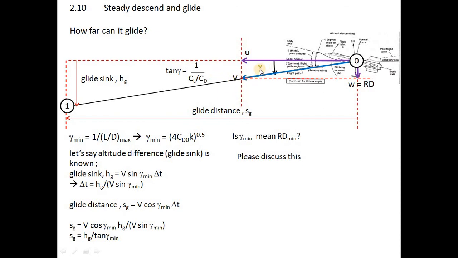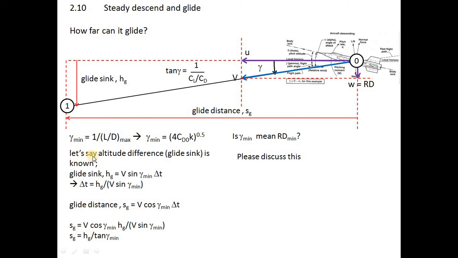You want to minimize the gamma, but you want to maximize the v, so that you can have a far glide distance. Now if you look at it, the minimum gamma depends on 1 over L over D max, in which L over D max is equal to 1 over the square root of 4 CD naught K. So 1 over L over D max will become this. So this is gamma minimum.